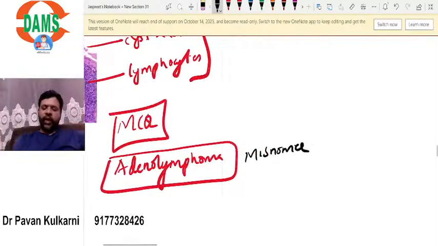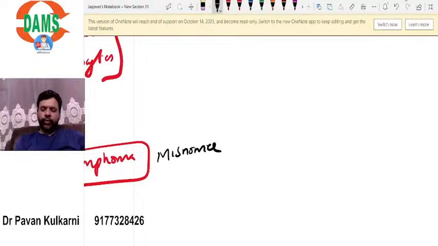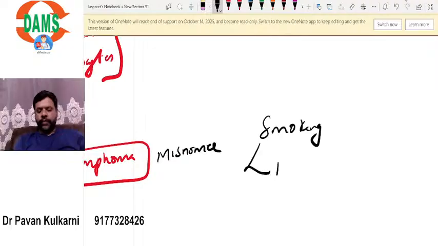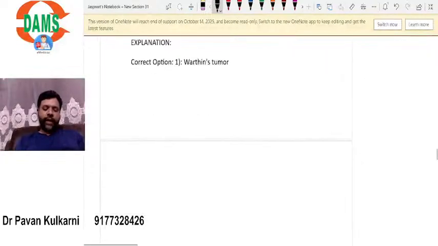So whenever they talk about etiology of Warthin's, remember two things. Smoking is the one, and another one is radiation. These are two important etiological factors for Warthin's tumor.